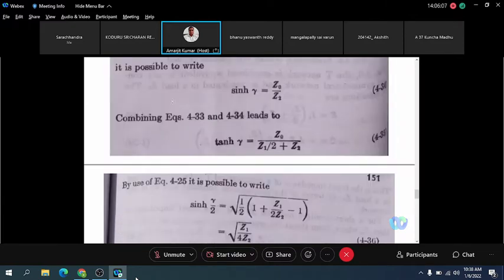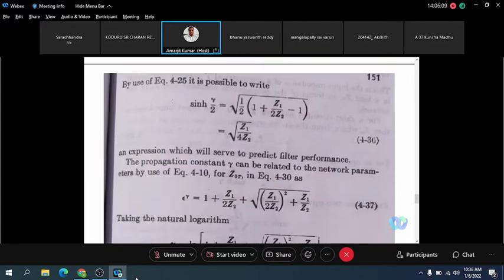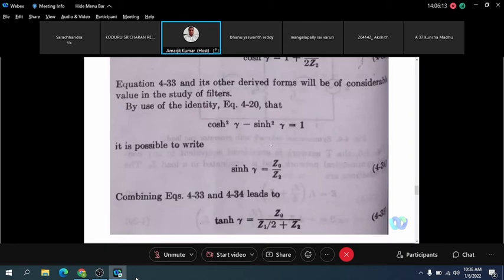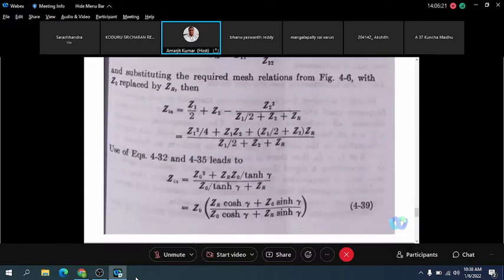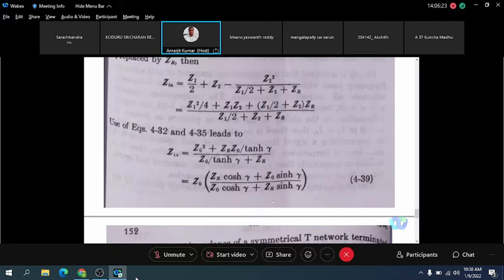Sinh of gamma by 2 is equal to root Z1 upon 4 Z2, and tanh gamma is equal to Z0 divided by Z1 upon 2 plus Z2. So basically you will get the input impedance that you have to calculate. In the exam you have to do all the procedure step by step. You cannot copy and paste directly like it is done here.